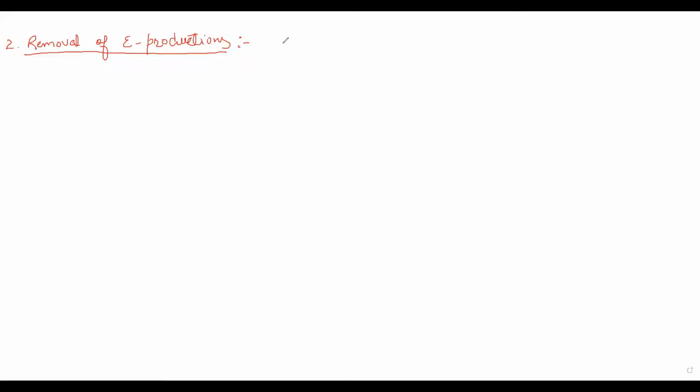Any production of this type, A gives epsilon, is called an epsilon production, and we have to remove such productions from the grammar. Fine.